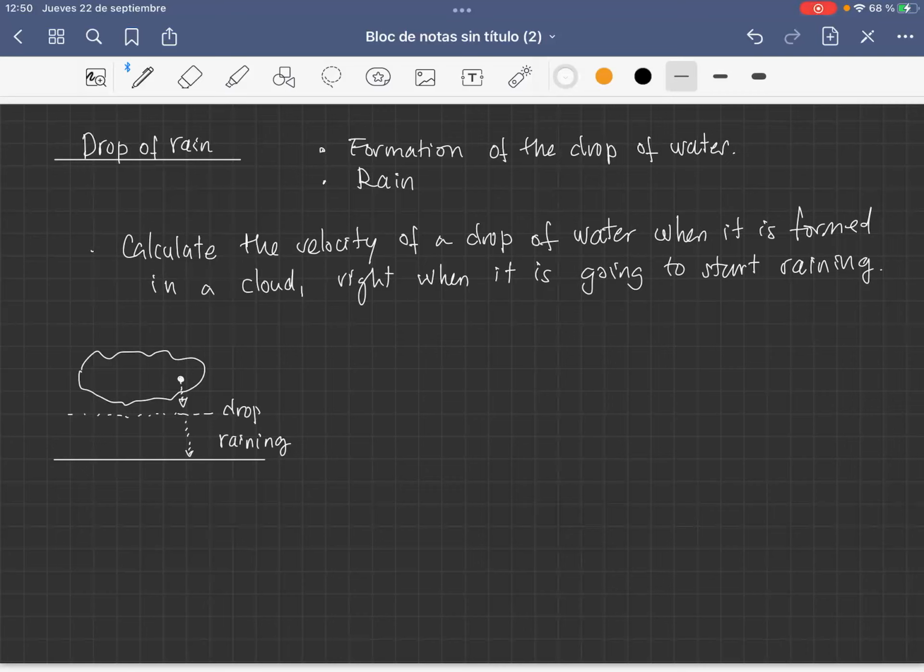So we have some hypotheses to put to solve this problem, because otherwise it could be really, really complicated.